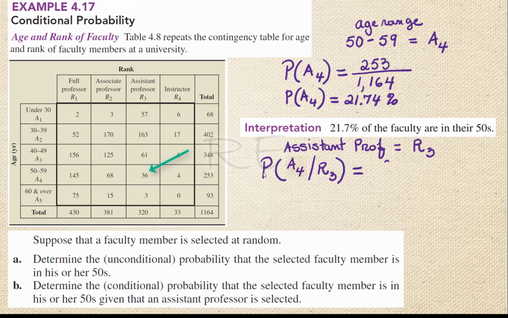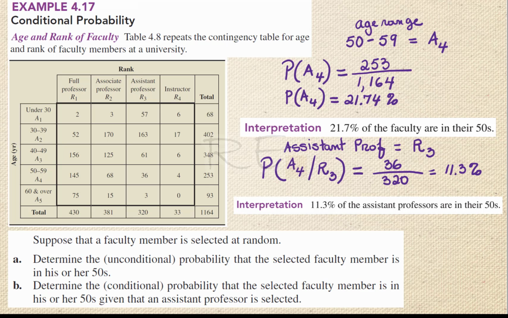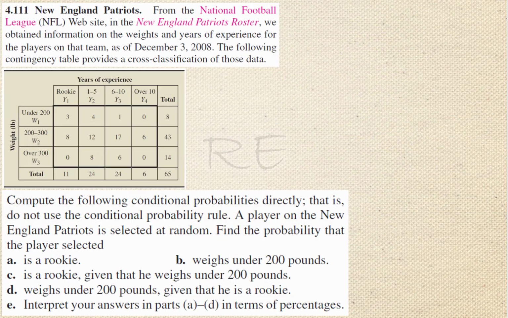So P(A4 given R3) will be P(A4 and R3), so that's going to be 36 divided by the total number of R3, the total number of assistant professors, 320. And when we divide, we get 11.3%, which means 11.3% of the assistant professors are in their 50s.